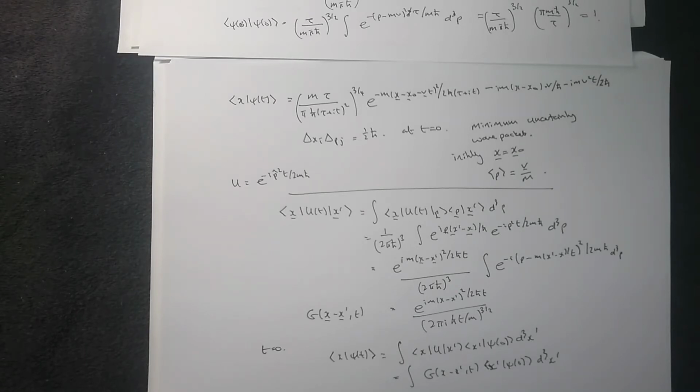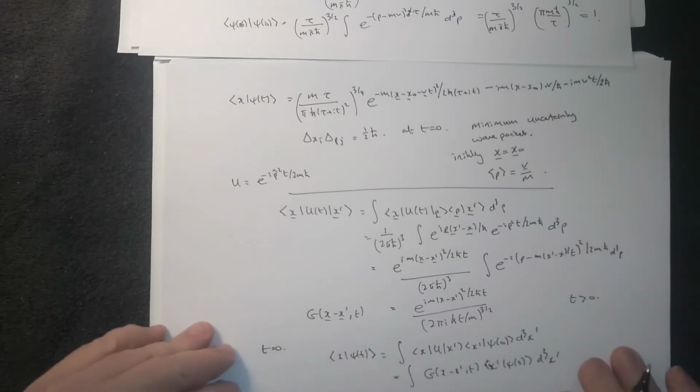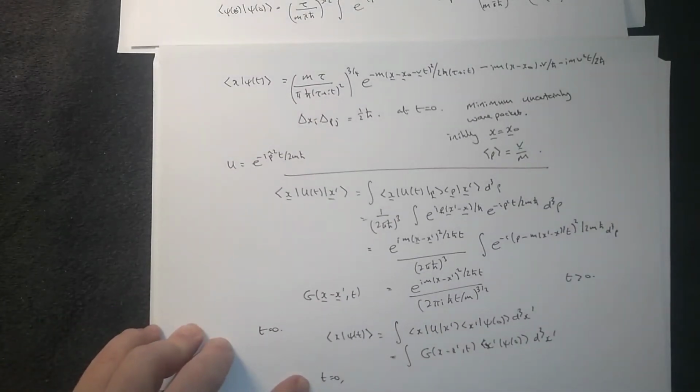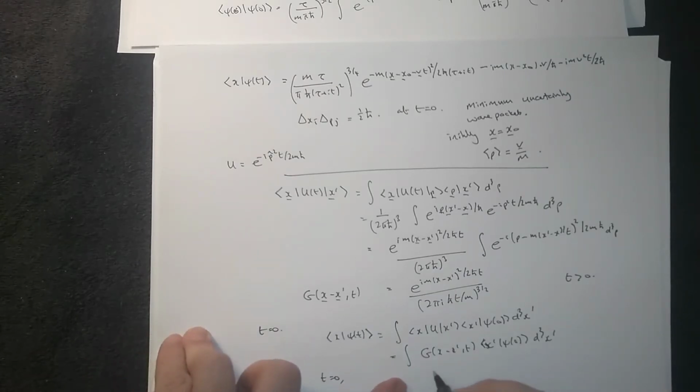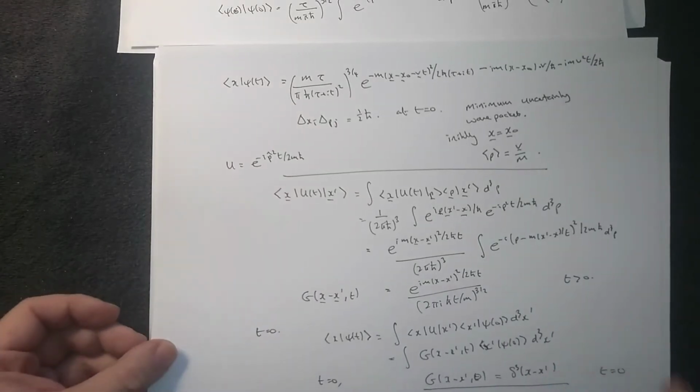And so that's for t greater than 0. If we were to put t equal to 0 in this equation, then you would see that g of x minus x prime, t would just be delta cubed x minus x prime.